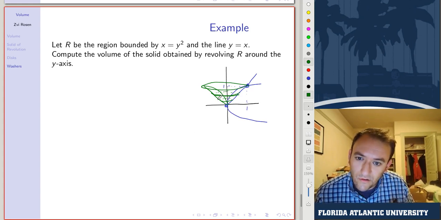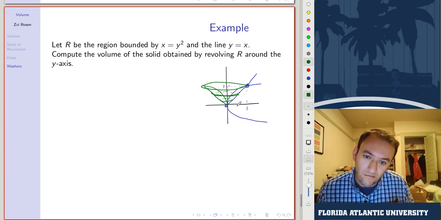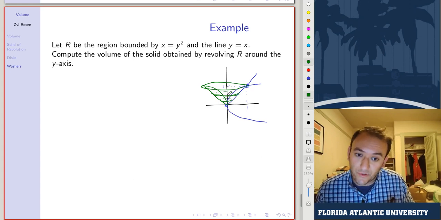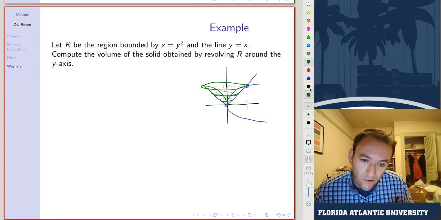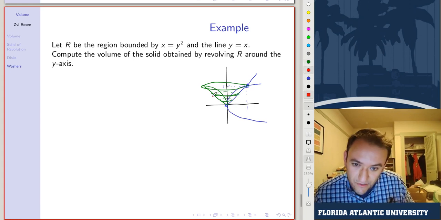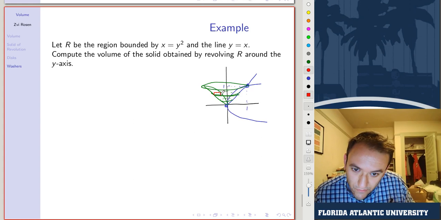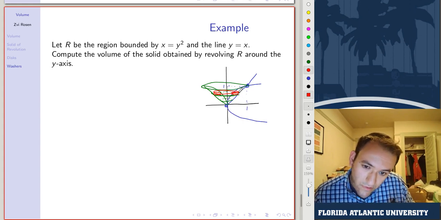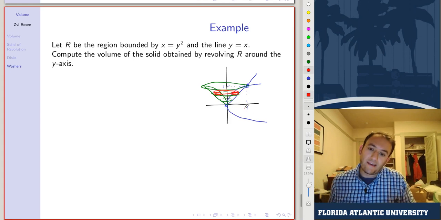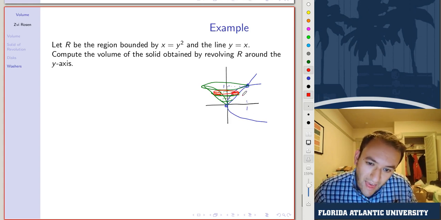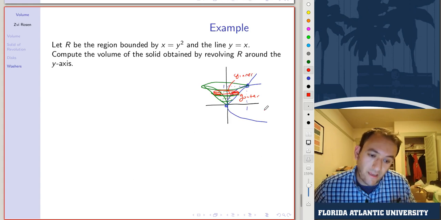Okay, so now let's try and figure out how to apply the method of washers to compute this volume. So let's get a cross-sectional area. So it looks something like this. This is our washer. So thinking about the y-axis as the axis of rotation, the outer radius is given by the thing that's further out, obviously, and the inner one is the thing that's closer to the axis of rotation.